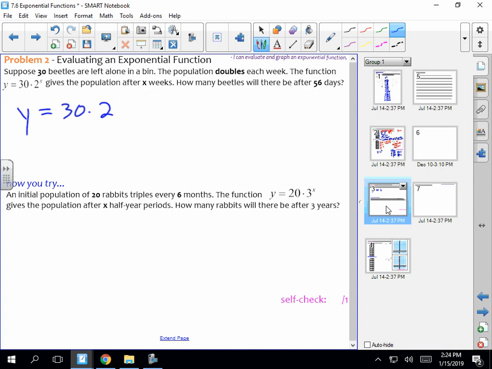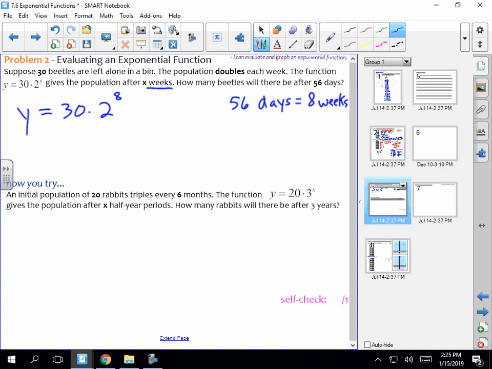I think that'll overrun your calculator, actually. So 56 days equals how many weeks? 8 weeks. So I'm going to plug in 8 here for weeks. Just be aware that's weeks. Maybe make a note of that. 56 days is 8 weeks, so good thing we read it carefully.